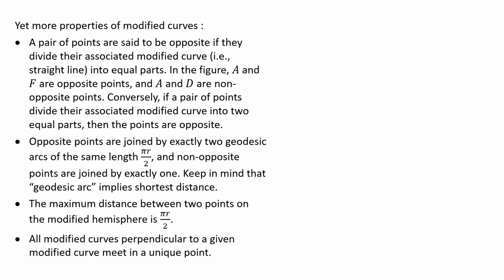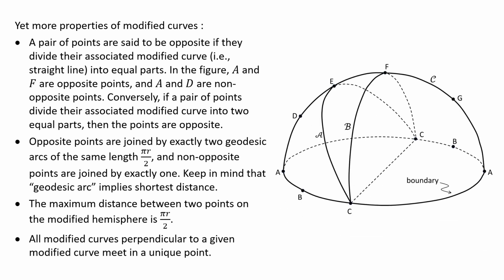We have a few more properties here. A pair of points are said to be opposite if they divide the associated modified curve, i.e. straight line, into equal parts. So in the figure here, A and F are opposite points. We have this modified curve, script C, and F to A and F to A is the same distance.